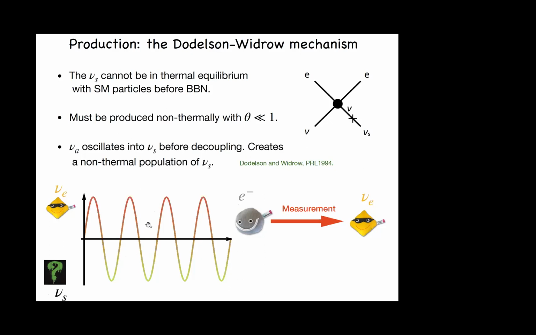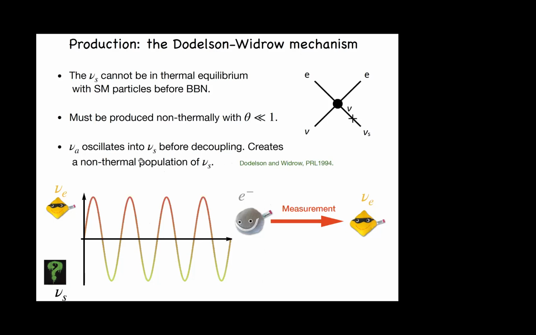So over a period of time, the sterile component starts growing, whereas every measurement keeps resetting the flavor to the initial condition. Your flavor evolves to a certain point, a measurement takes place, the active neutrino composition is reset, whereas the sterile composition keeps growing. This gradually builds up a non-trivial fraction of these sterile neutrinos.